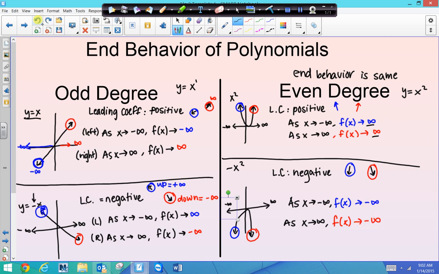Your end behavior will always be going the same way. For odd degrees, your end behavior will always be one up and one down. You're never going to have both going the same way if you have an odd degree.